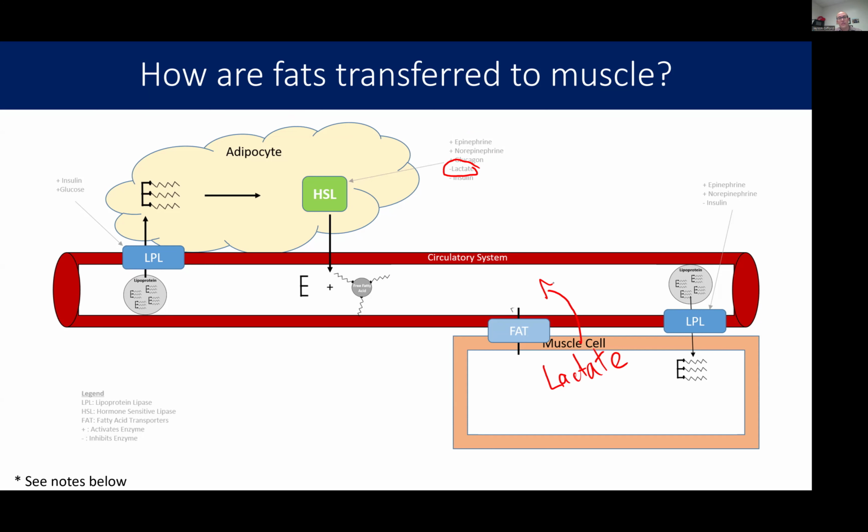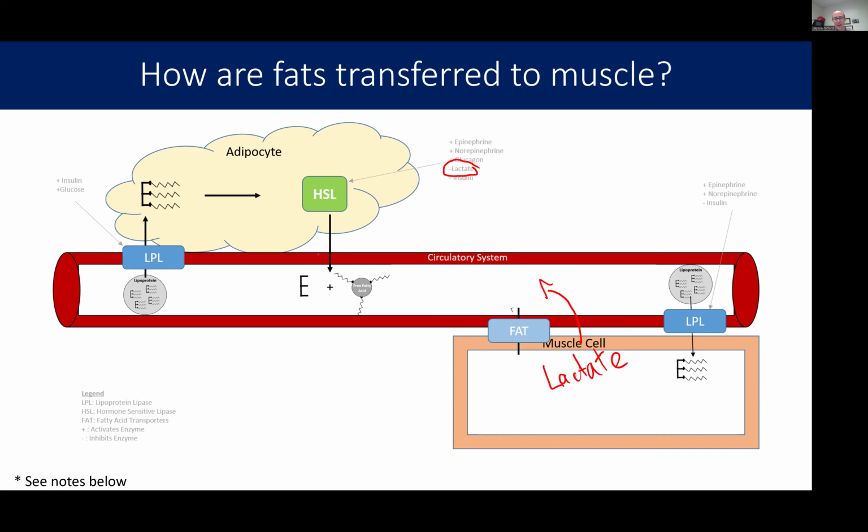The lactate's going to signal for decreasing HSL activity, and that contributes to decreased fatty acids appearing in the blood. So as you shift to more and more carbohydrate metabolism, higher intensity exercise, you produce lactate, and that inhibits this. So you'll see less fatty acids showing up in the blood at high intensity exercise.